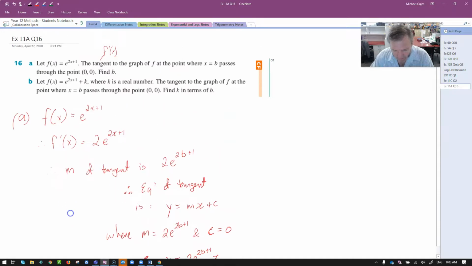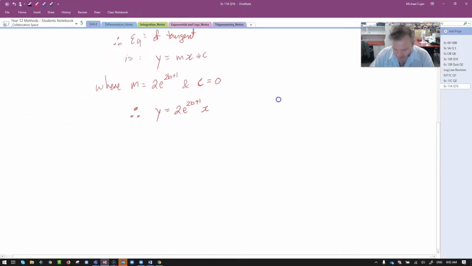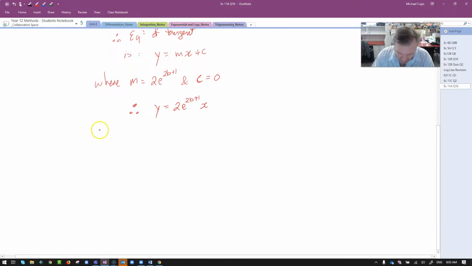Well, back in the original equation, this was at the point when x equals b, so the y-coordinate at that point would be e to the 2b plus 1. So I can substitute in that point, b, comma, e to the 2b plus 1, and solve for b. Because I'll only have one variable then, so I should be okay.